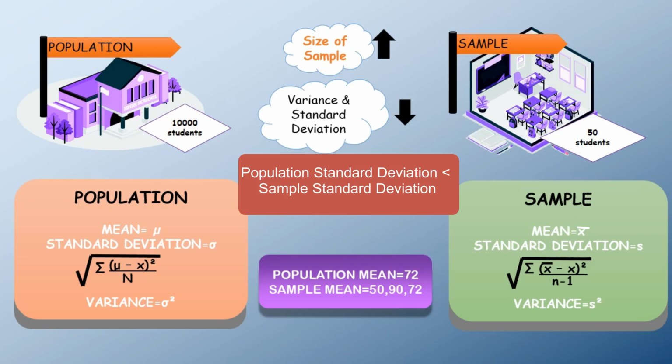But if we use n for calculation of standard deviation for both population and sample, then the standard deviation of the population will turn out to be greater than that of the sample. There is a whole calculation for this, but I am not delving deeper into it. So that's why, instead of using n, we use n minus 1 for calculation of the standard deviation of a sample.